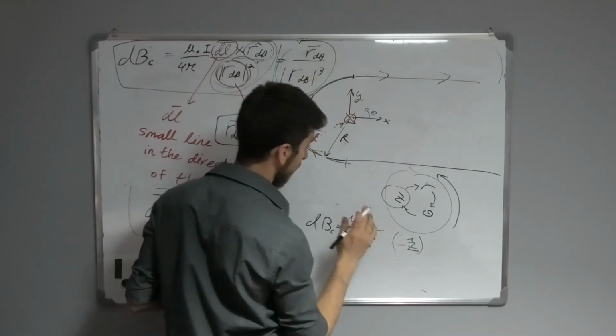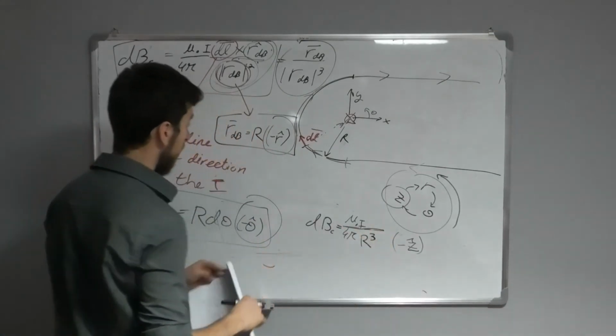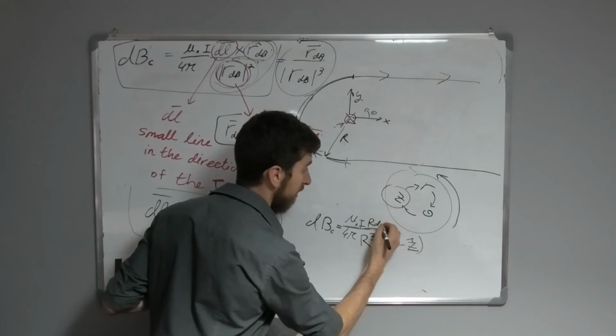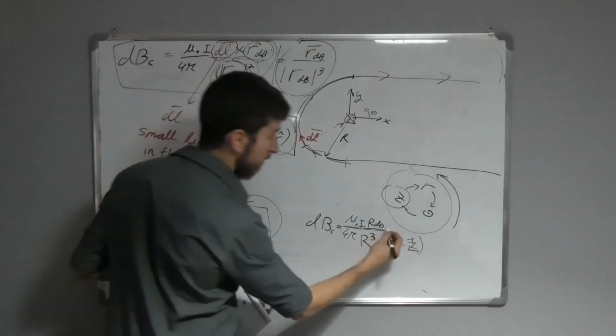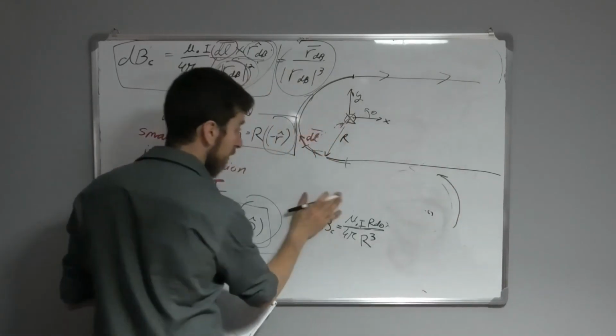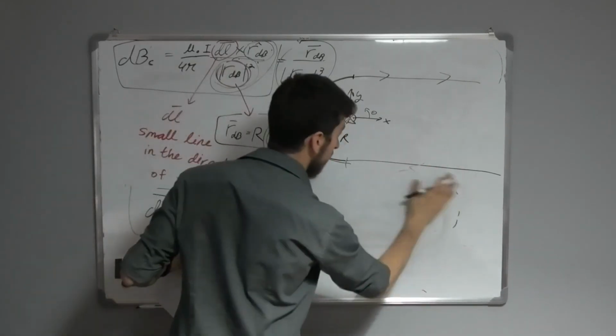Yes, I confused that a bit. So this is r cubed, and first of all I have dl, which is r d theta, and then cross. I'm going to write it bigger, that's the reason it's confusing.